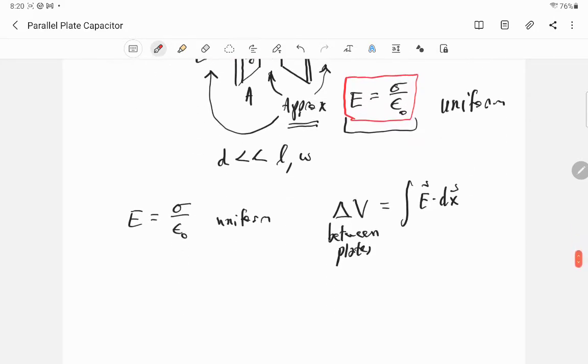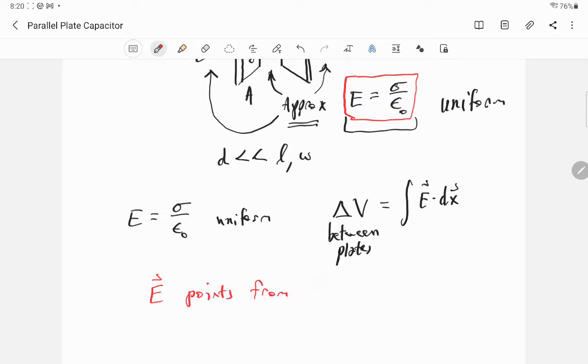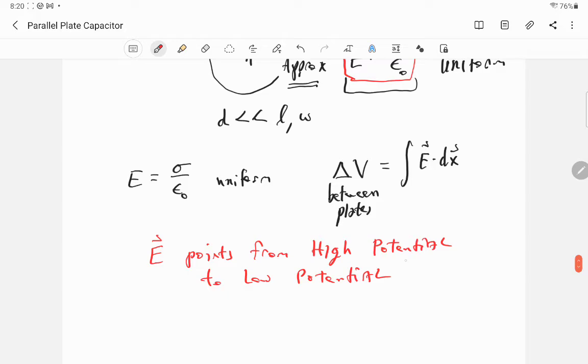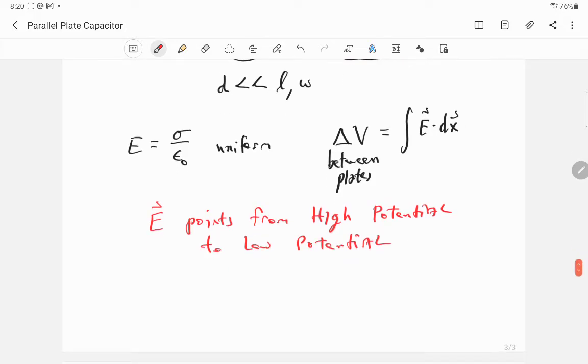And remembering that electric field points from high potential to low potential, we can actually do it quickly.